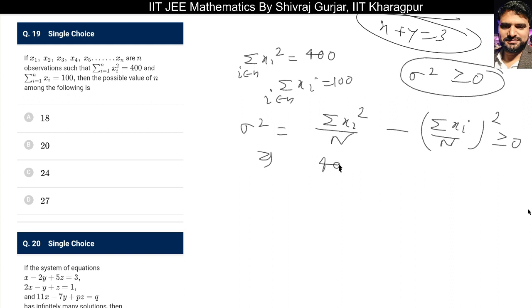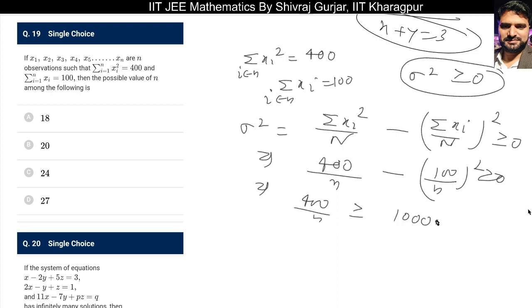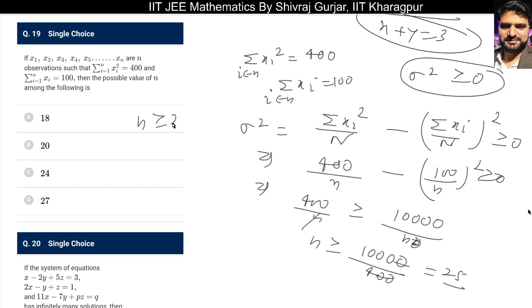Summation xi square is 400 divided by n minus the whole square of 100 divided by n is greater than or equal to 0. So 400 by n is greater than or equal to 10000 by n square. So n cancels out. So n should be greater than or equal to 10000 divided by 400, that is 25. So n has to be greater than or equal to 25.